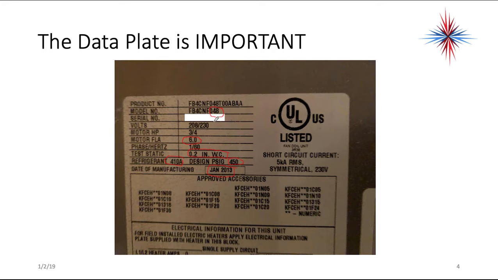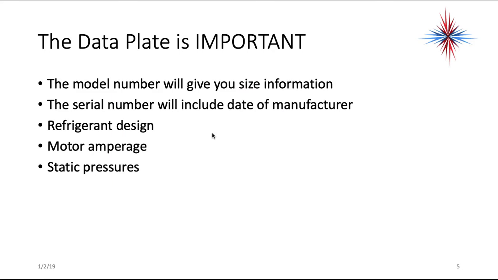Even though when you're out testing, it's sometimes nice to know what voltages you're dealing with, we're not going to talk about the motor side right now, except with how it relates to airflow. So the model number gives you the size information. The serial number includes the date of manufacture. The refrigerant design, the motor amperages, and static pressures are all part of the data plate.